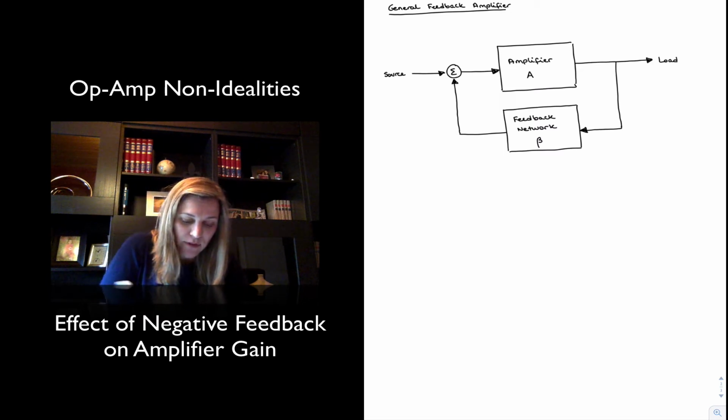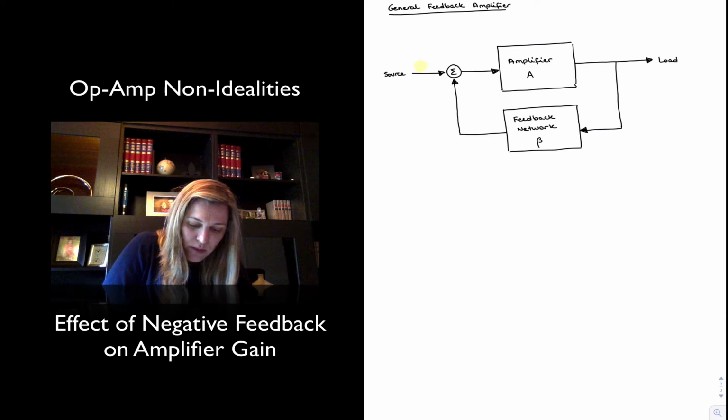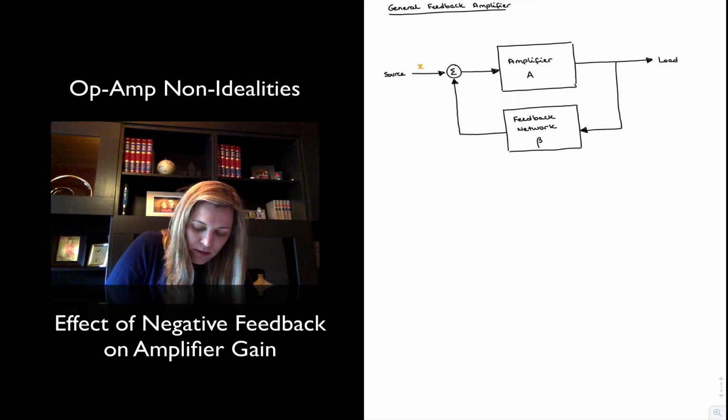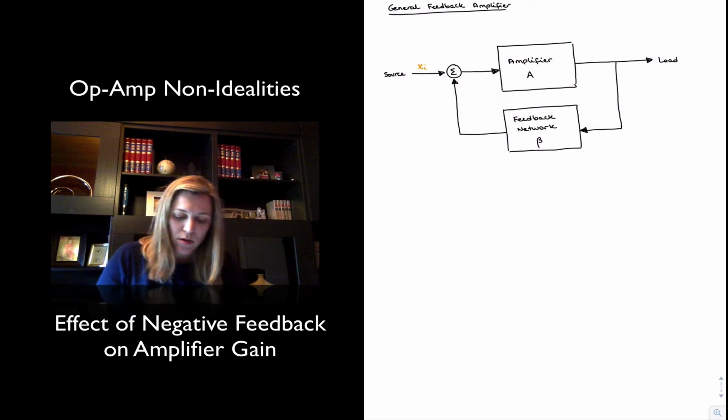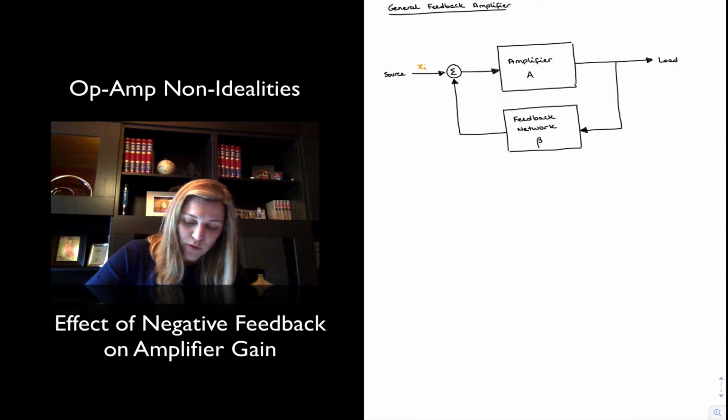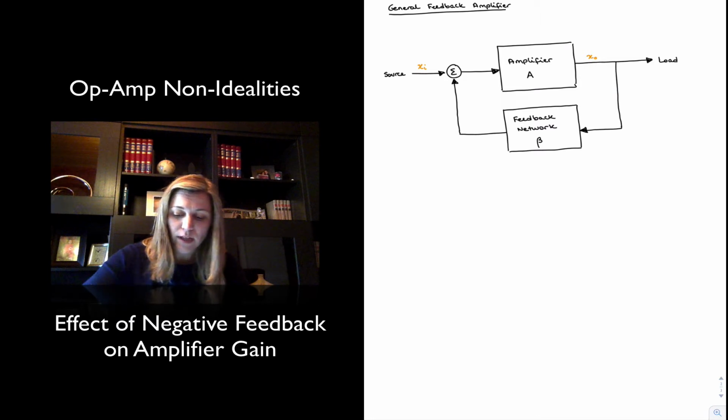So for example, if our source provides an input signal, let's call it x sub I, I'm going to label them in a different color, x sub I. That input signal is fed through the amplifier. The amplifier is going to provide an output signal, x sub O. And then that signal is going to be sampled, sent through the feedback network with a feedback factor beta.